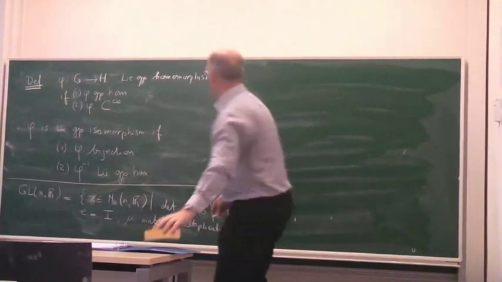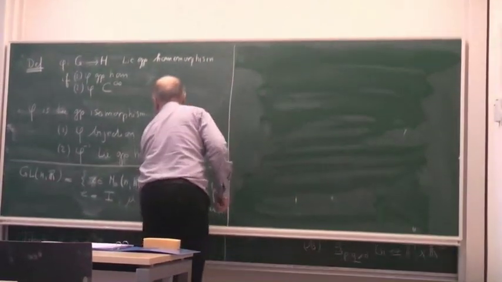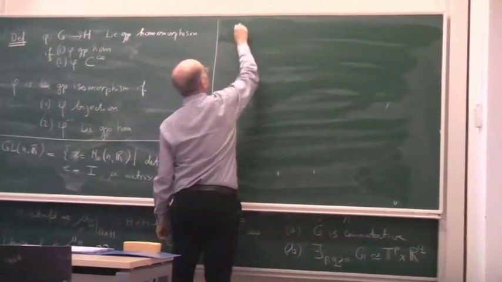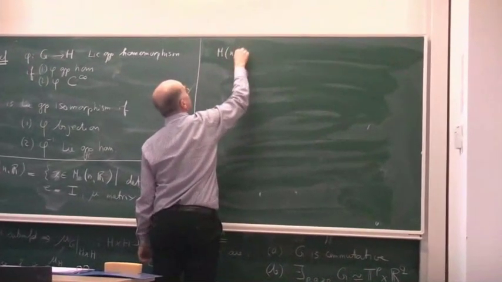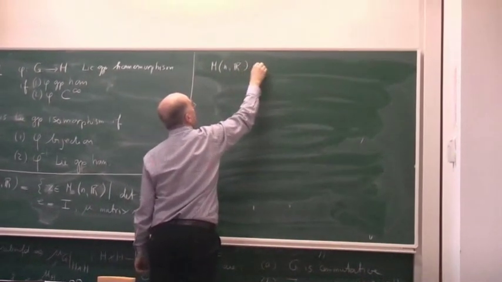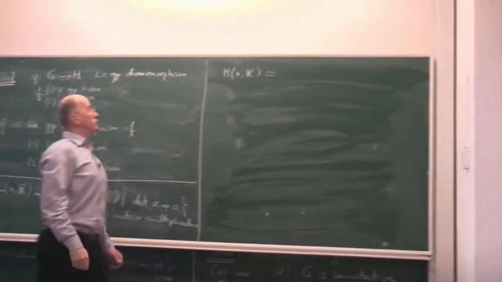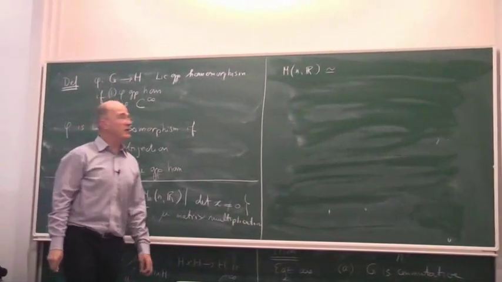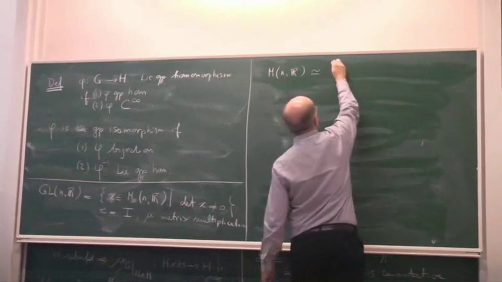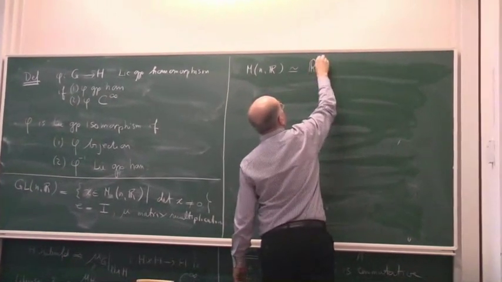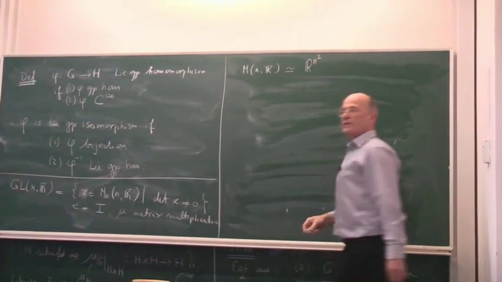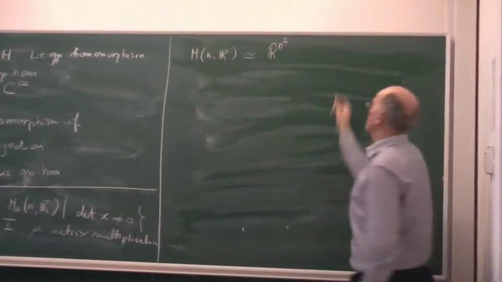Well, first of all, there is a natural identification: we can identify the linear space of n by n matrices with real entries with R to the n squared by using matrix entries.